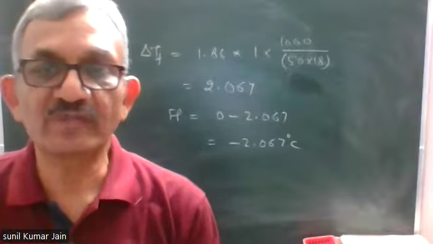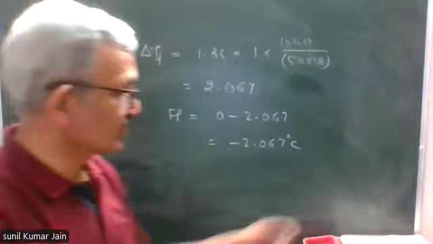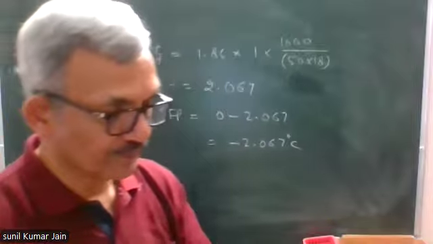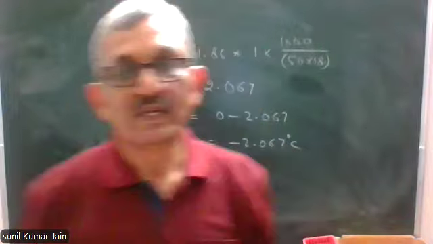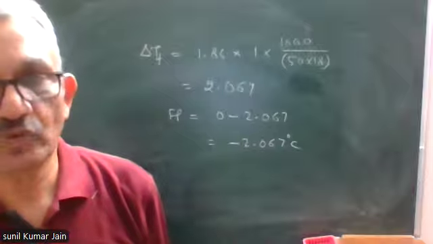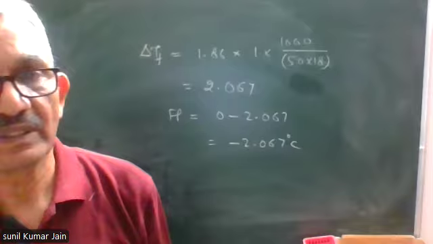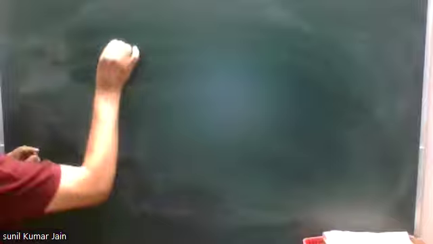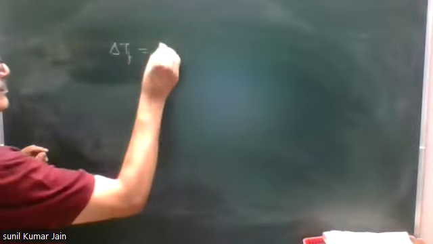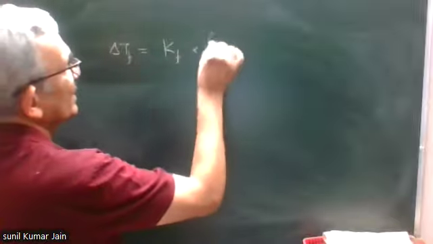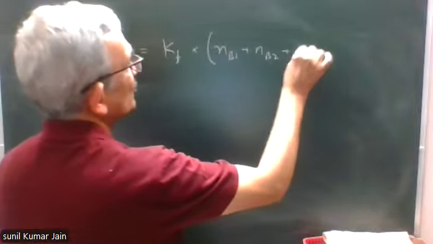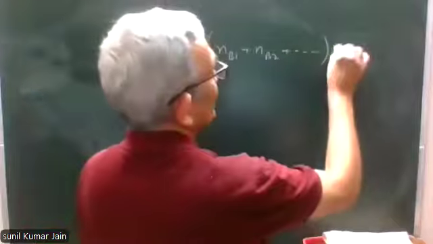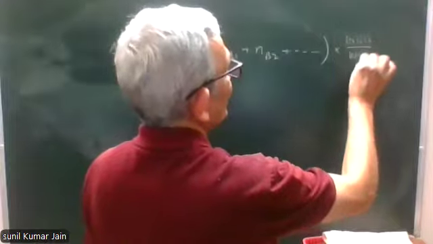If the solution contains 2 or more non-volatile solutes, then equation 3a becomes delta TF is equal to Kf into number of moles of solute 1 plus number of moles of solute 2 and so on, multiplied by 1000 divided by weight of solvent.